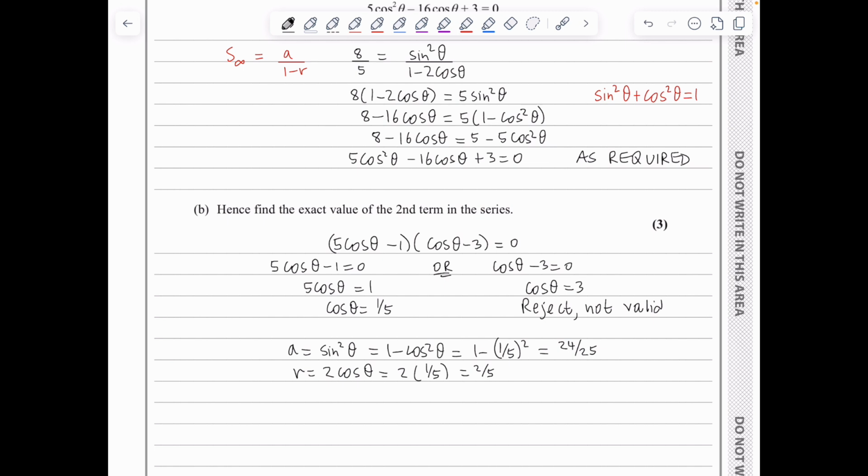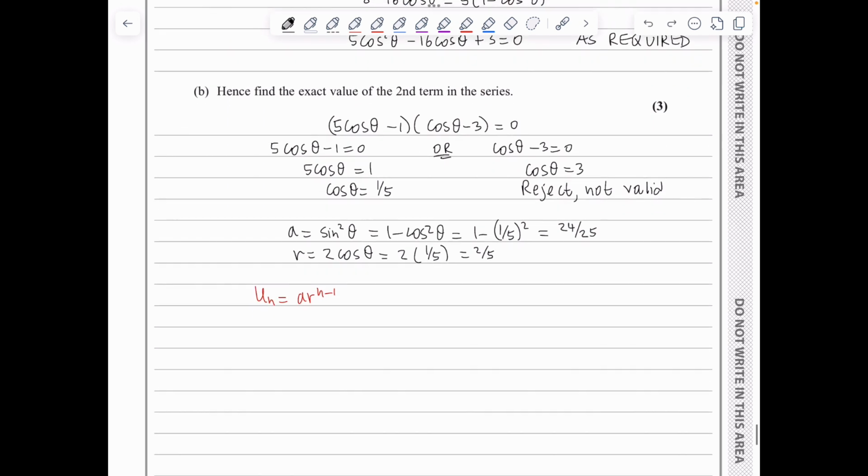And bearing in mind that the nth term of a geometric sequence is given by a r to the n minus 1, we can simply say that the second term would be a r, which is going to be 24 over 25 times 2 over 5, which gives an answer of 48 over 125.